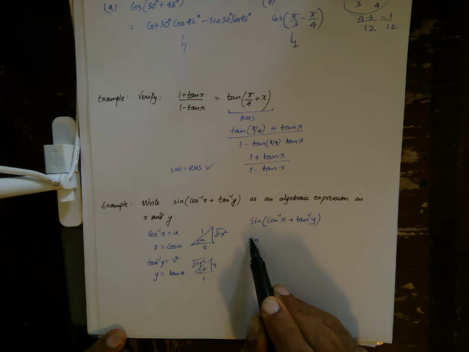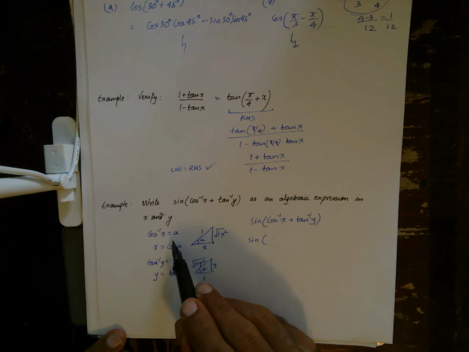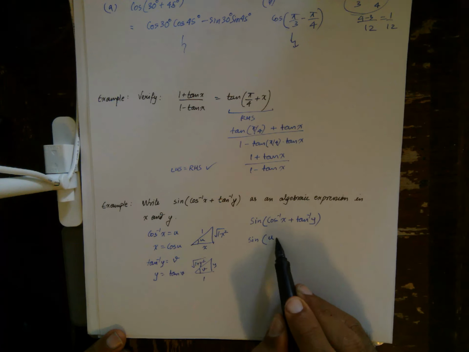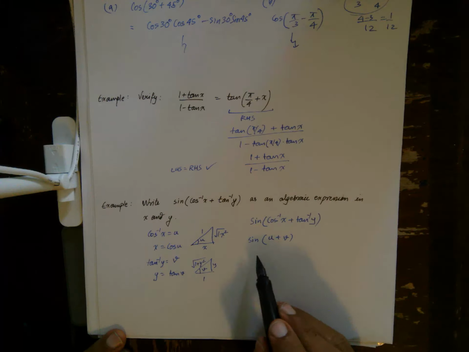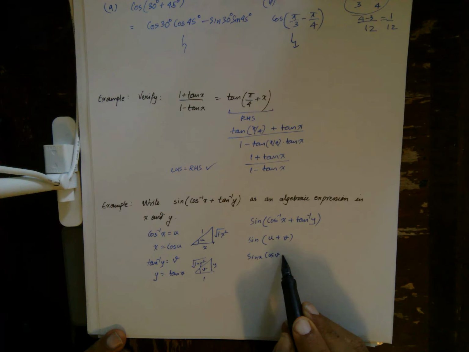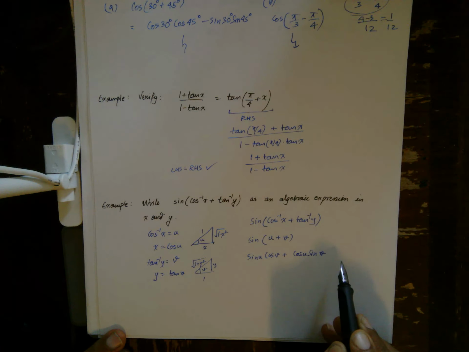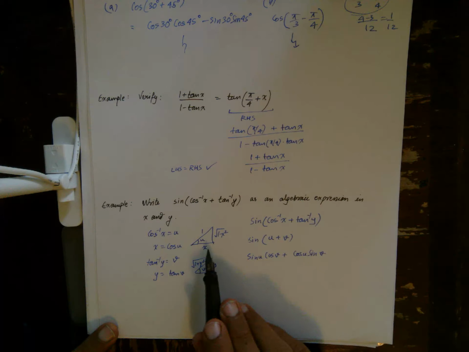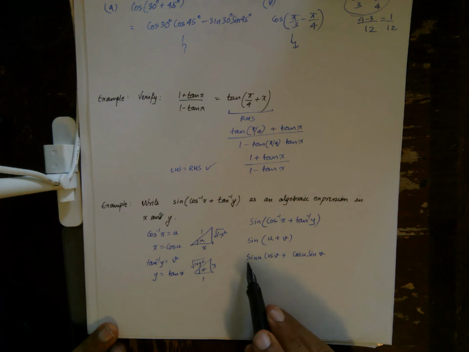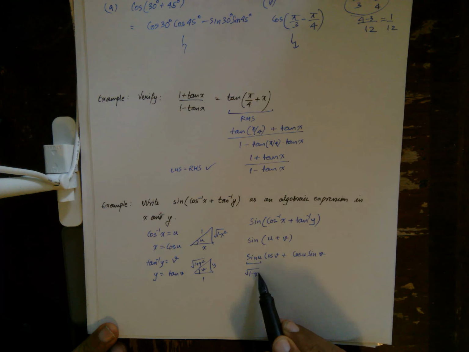But in our new form, this is sine of u plus v, which we now know is actually sine u cosine v plus cosine u sine v. But we already know what these values are because we have constructed these triangles. Sine u is root of 1 minus x squared.